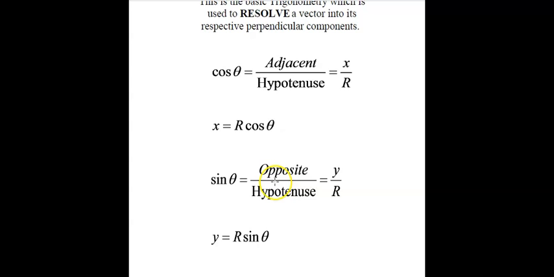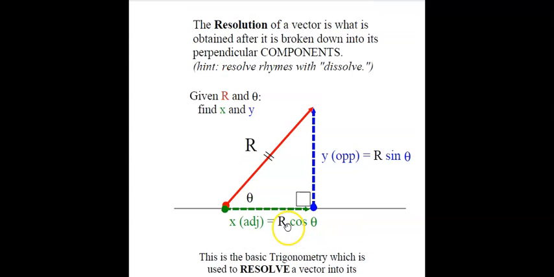And similarly, if I want to find the blue vector, that is the opposite vector, the sine theta is equal to opposite over hypotenuse. So that's y over r. Solving for y equals r sine theta. And this is what we have here using SOHCAHTOA. X, adjacent, equals the red vector, the hypotenuse, times the cosine of the angle. And the blue vector, the vertical component, is equal to the hypotenuse times the sine of the angle.